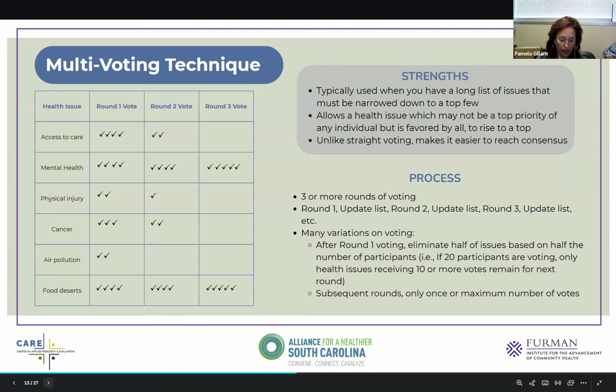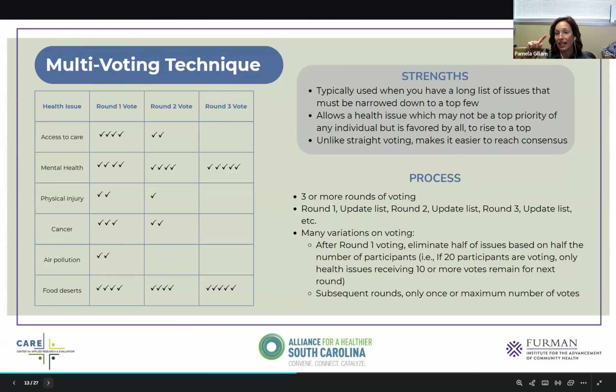Another variation is that after the first round of voting, you can eliminate issues based on half the number of participants. I didn't do a good job of explaining that, so let me try again. You can eliminate half of the issues based on half the number of participants. So if you've got 20 people in the room, you might eliminate the 10 that got the lowest votes, right?